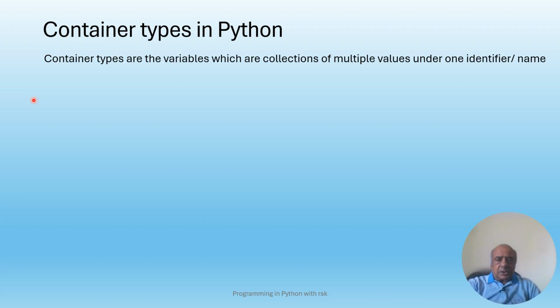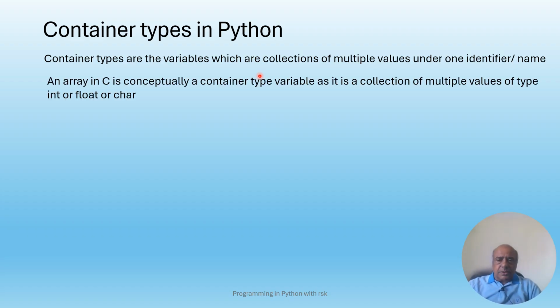The literal meaning of container, which we use for storing a lot of our goods or our items in one place, is literally the same thing applicable to containers in Python. It is an object or a variable where multiple values are stored in one place.